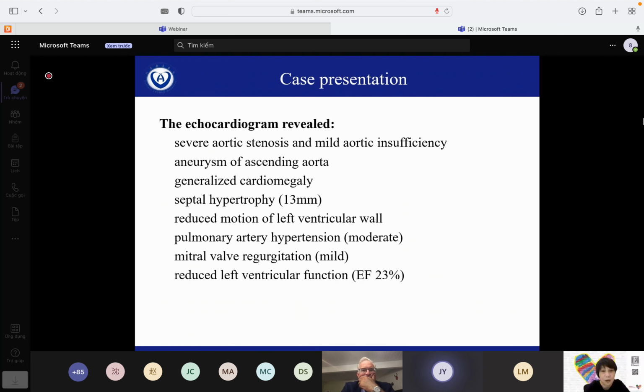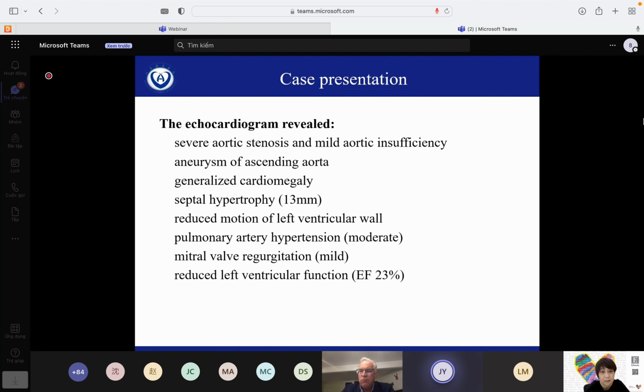The echocardiogram revealed she suffered from severe aortic stenosis and generalized cardiomegaly.